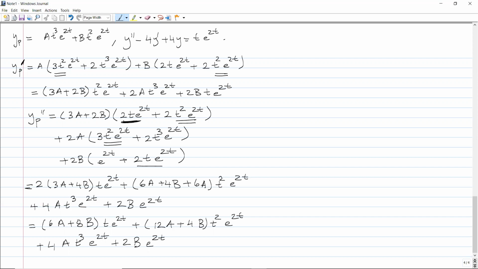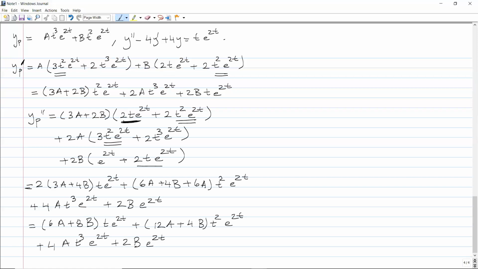I think I made a mistake. Okay, what did I do wrong? Why do I think that I made a mistake? We have only 2 coefficients, a and b.